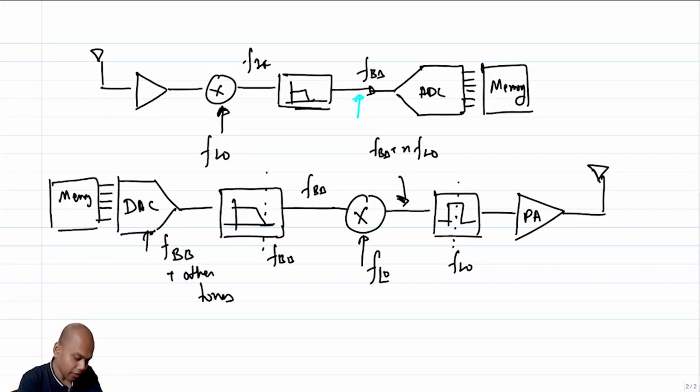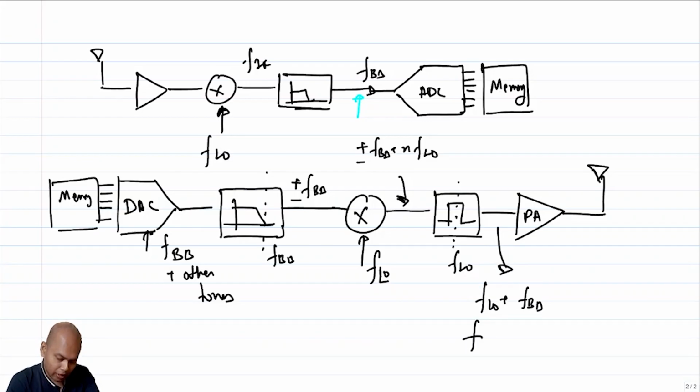Because note that here you don't get FBB only, you get plus minus FBB, which means you are transmitting N FLO plus minus FBB. So here you get FLO plus FBB and FLO minus FBB, and both of them are carrying the same information, which essentially means that I am taking double the spectrum while carrying half the information, and that's useless.